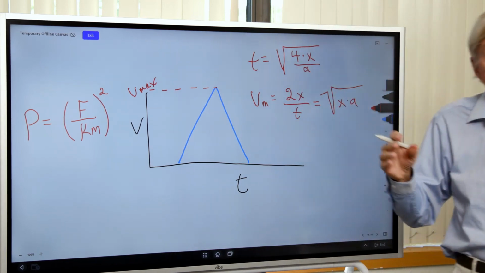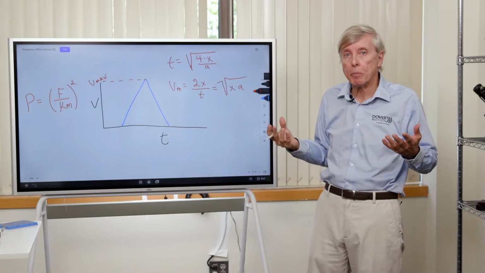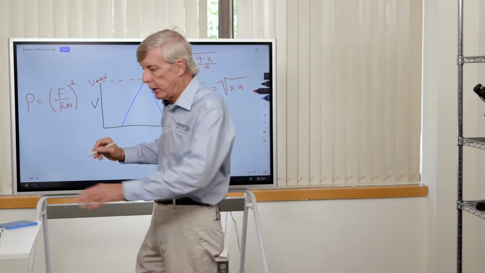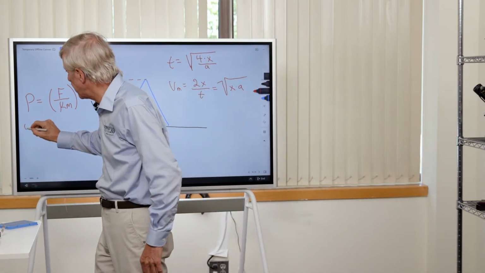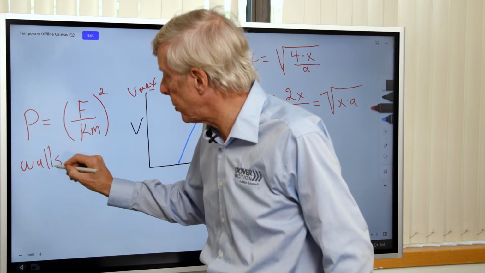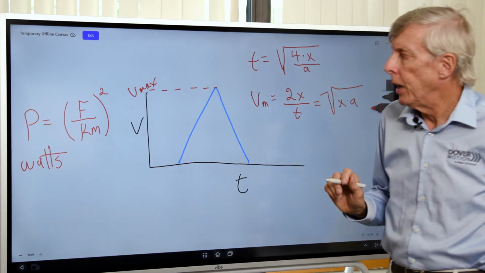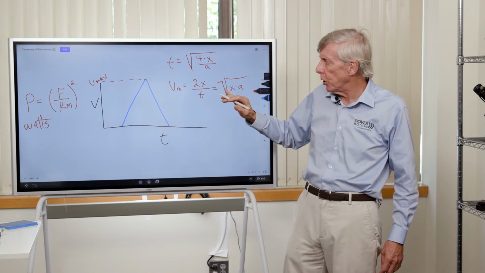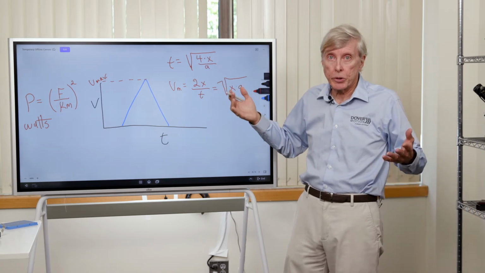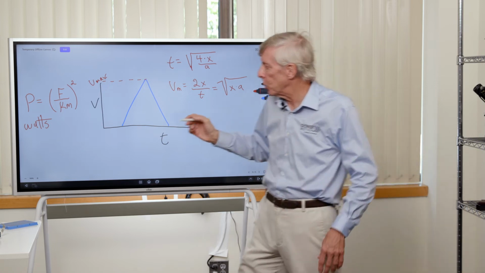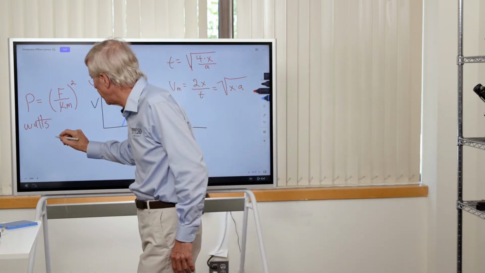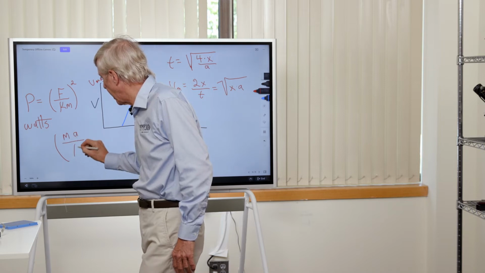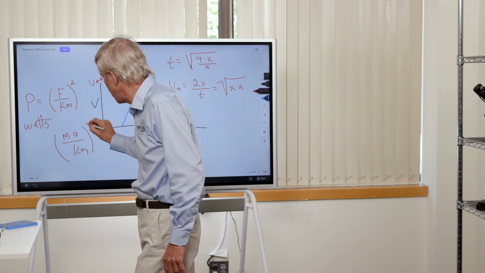So force divided by K sub m, the quantity squared, will be the power, and that power in the linear motor coil will be expressed in the units of watts. Now, we can expand upon this a bit, and it's very helpful to do so. We recall from Newton's second law that F equals ma. So we can rewrite that as ma divided by K sub m, squared.